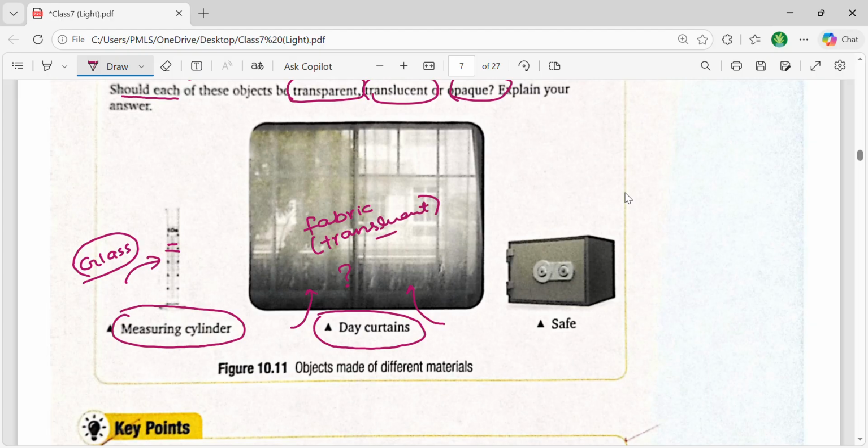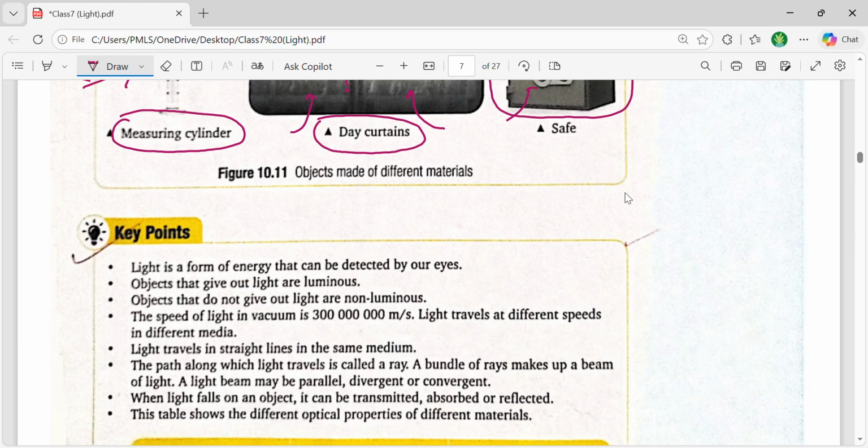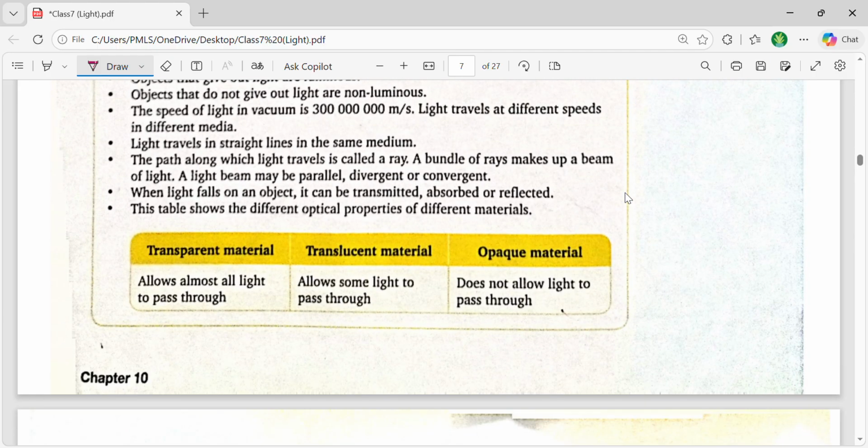It can pass some of the light, so our room would be bright, but not so bright that it could cause a problem. And for a safe, obviously, no one wants their safe to be transparent. It is there to protect your valuables, and it should be made of an opaque material. So this is how they can ask you in different ways.